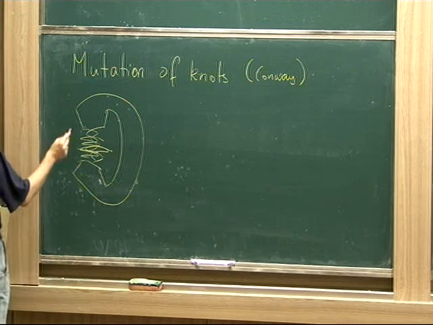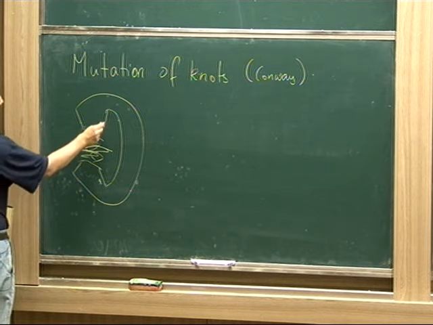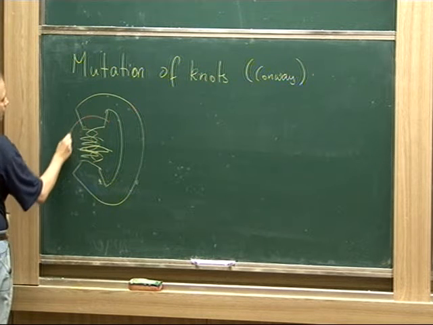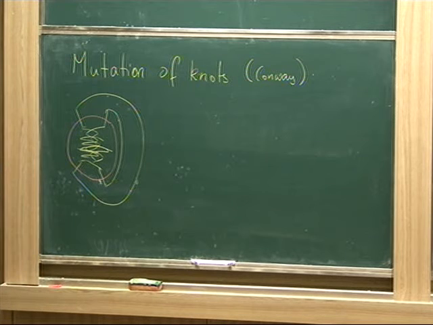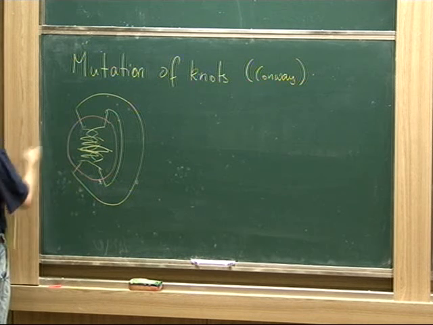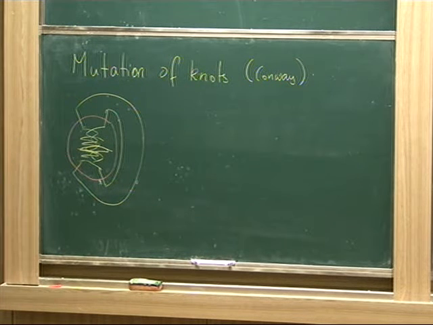So he takes a sphere which intersects the knot diagram in 4 points, and so the inside, the part of the knot which is inside, which may of course be complicated, this is called a tangle.